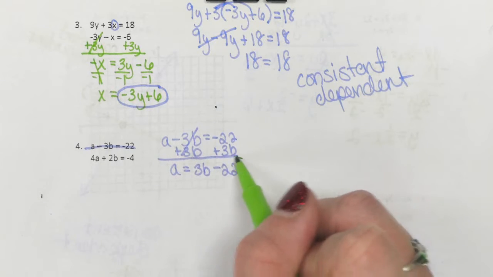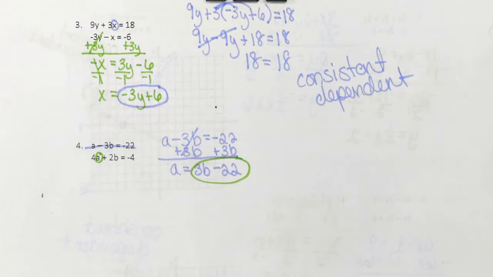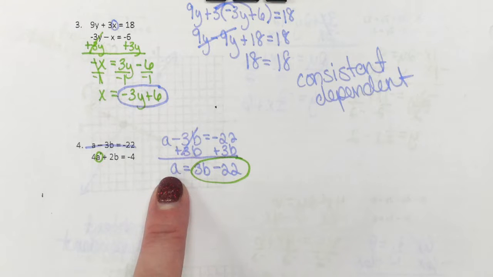All right, so I can take this 3b minus 22, and I can plug it into the other equation for A. Because the reason I'm plugging it in for A is because it said A equals right there.